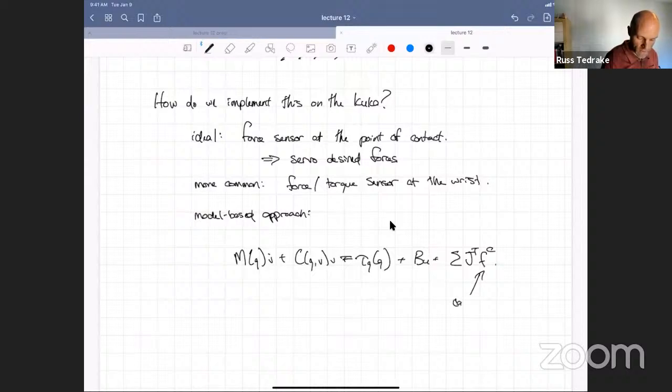You can estimate those with measurements of q, v, and v dot. Yikes, we try to avoid that, okay?